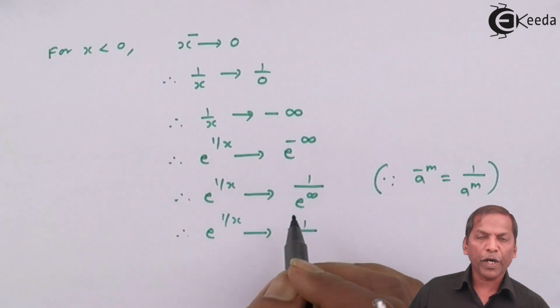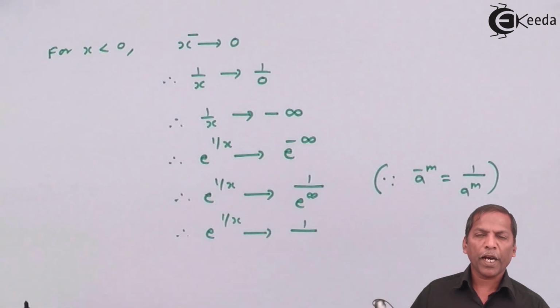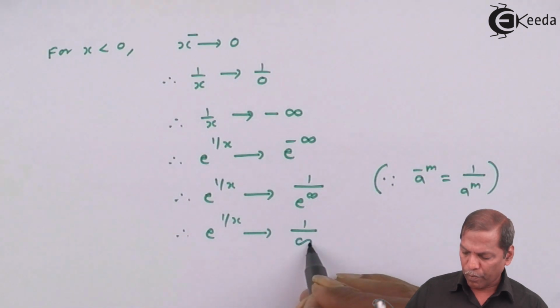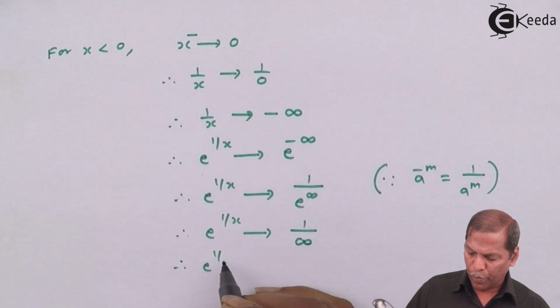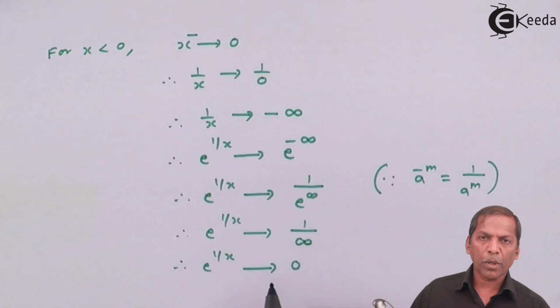Now e raised infinity means e into e into e infinite times, and that gives the answer infinity. So finally we proved e raised 1 upon x tends to 1 upon infinity, which gives 0.